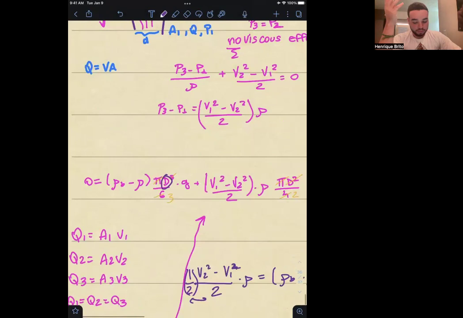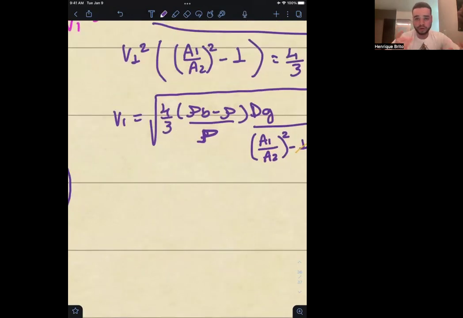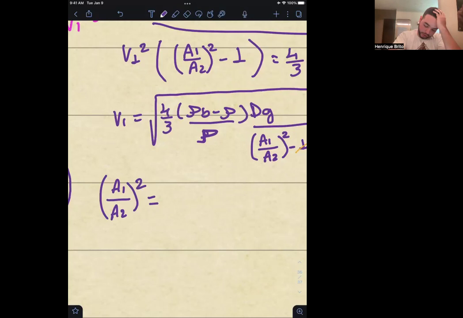So using A1 and A2 we need to associate that with the diameters. The way to do that is to understand how those areas work. So if we have A1 over A2 squared, what is that equal to? It is the cross-sectional area ratio between those two.